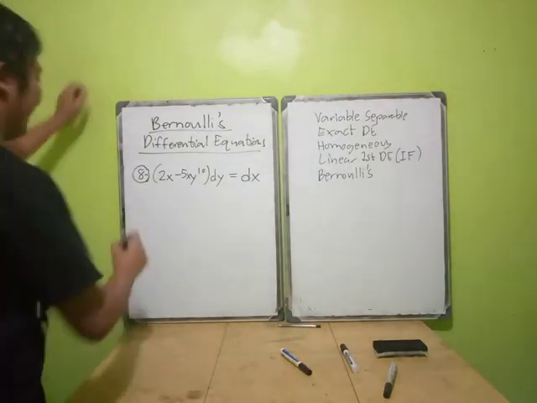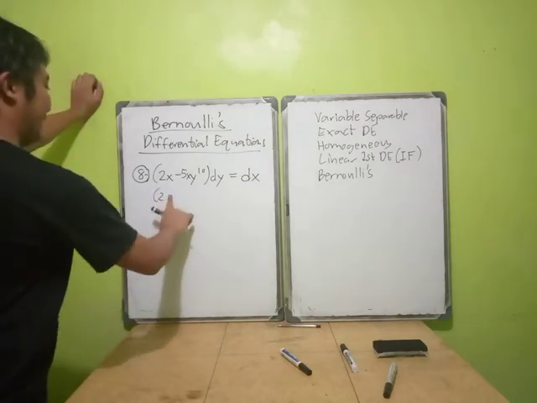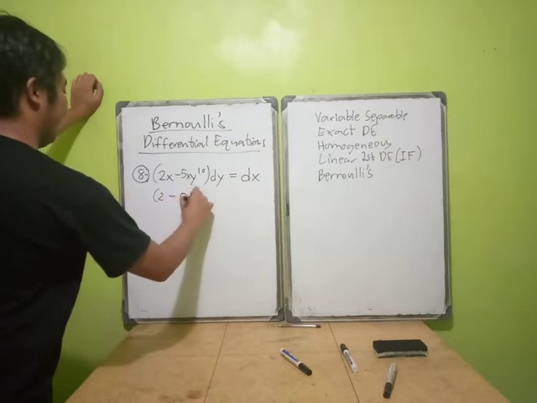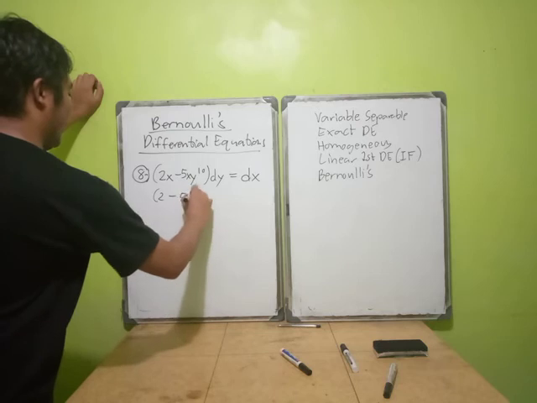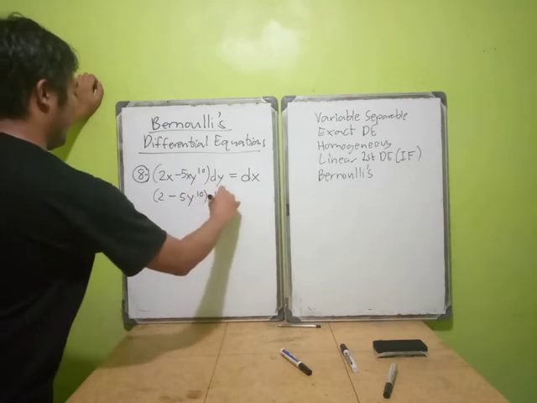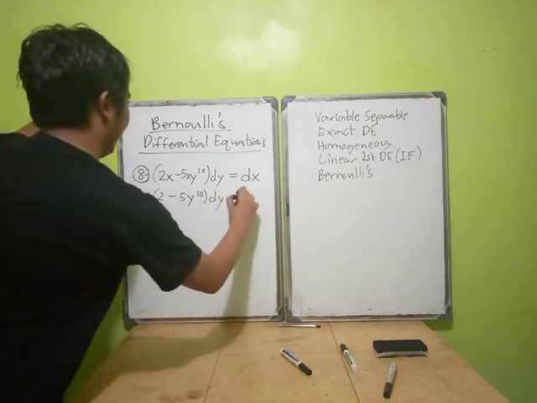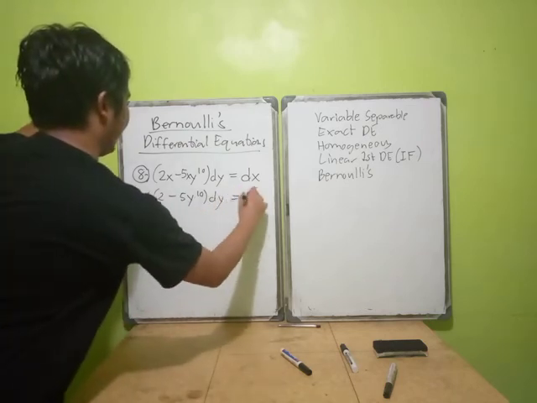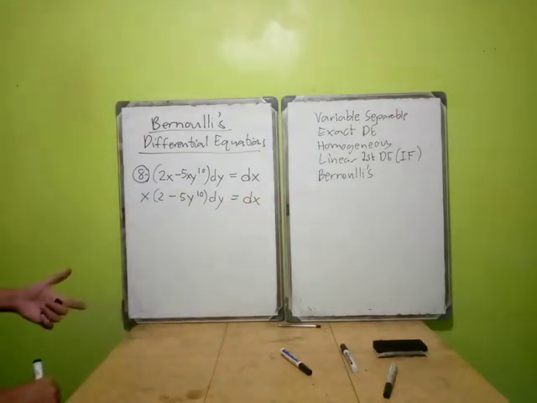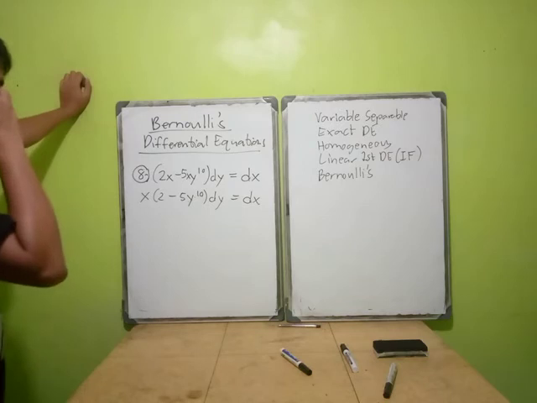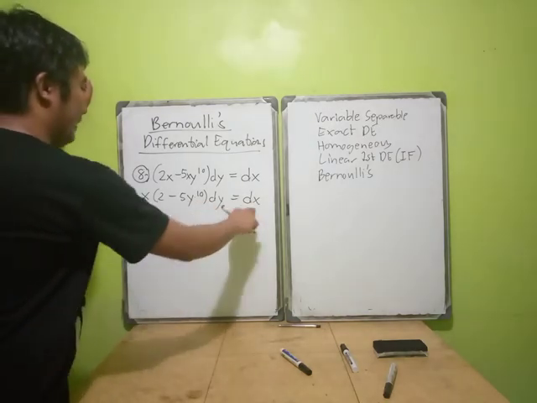Let's try. We can factor out x here. So it becomes 2 minus 5y to the power of 10 dy, and then x is equal to dx. Okay? It can be variable separable if all the dy terms are here.